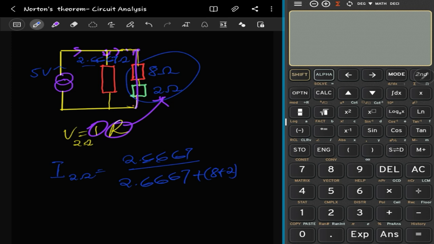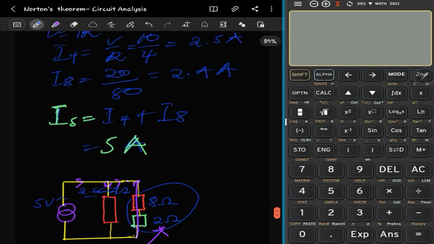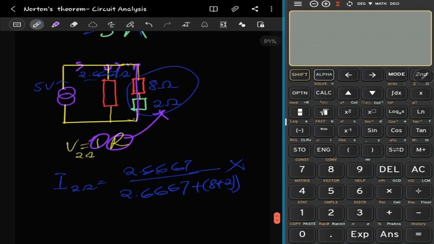That gives us 10 ohms, right? But then we multiply by the total current that's coming, which we found to be 5 amperes, right? Oh, this is a current source, so it should be 5 amperes. So this 5 amperes is being shed, right? So this was what will give us the current flowing through the 2 ohms resistor.